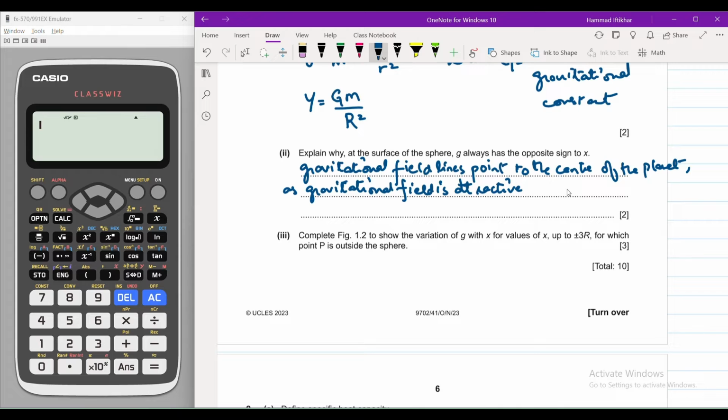Sorry, this is double T. And this direction is opposite to x, as x is positive outwards from the planet.